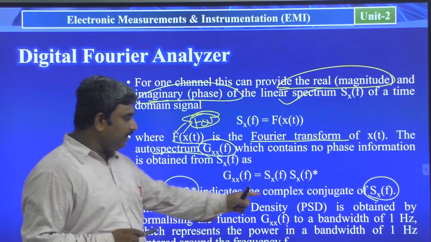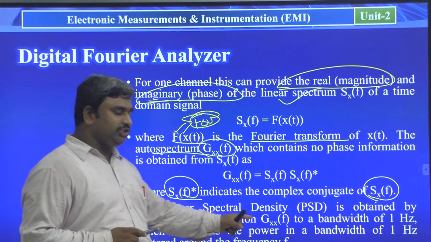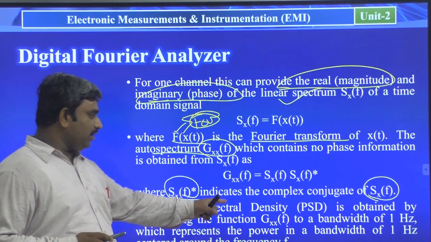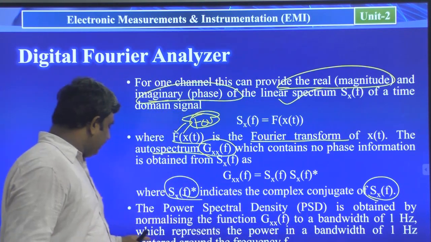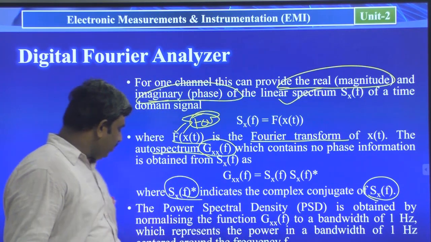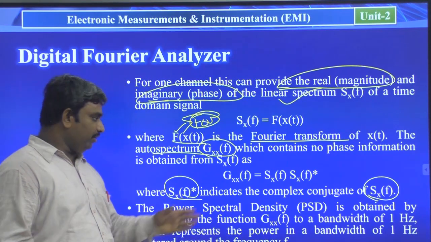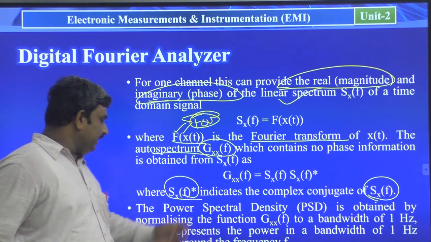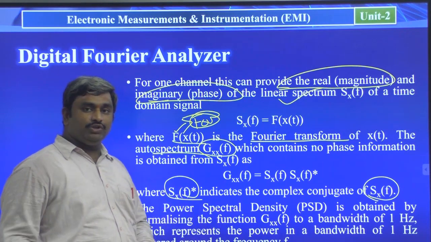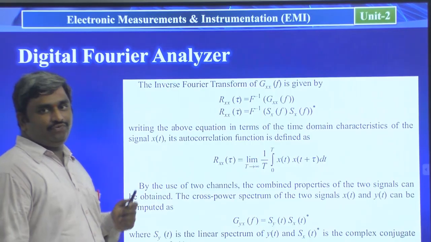The power spectral density PSD is obtained by normalizing the function Gxx of f to a bandwidth of 1 Hz, which represents the power in a bandwidth of 1 Hz centered around the frequency f. So the PSD based signal is normalized with the autocorrelation function, that is Gxx of f.